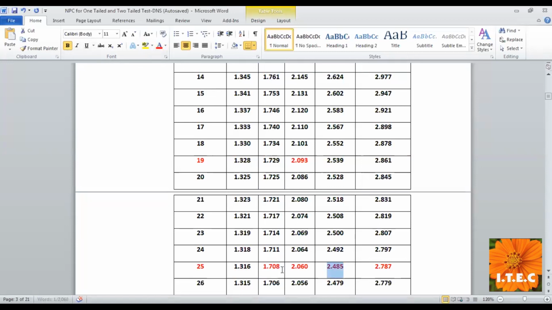This was the one tail test, this was the two tail test. Now tell me whether our value is significant at 0.05 level or 0.01 level here. My calculated value is 2.40. So is it significant at 0.05 or 0.01?